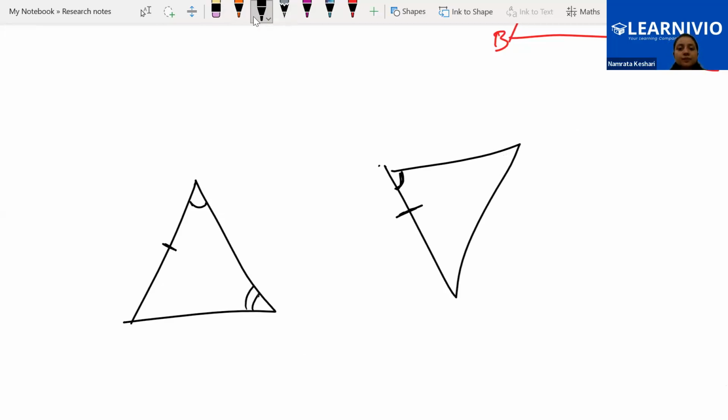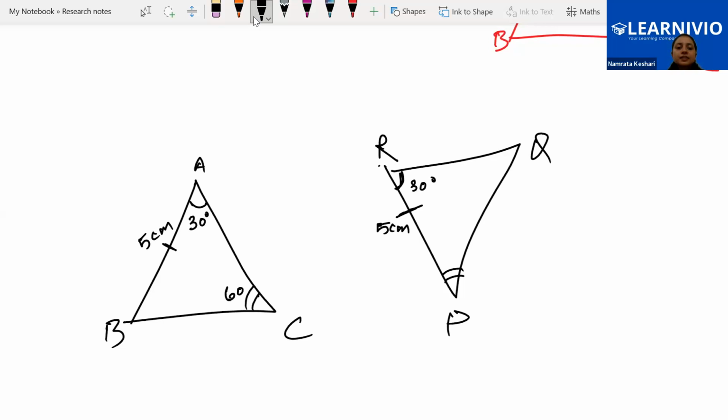This angle and this angle are the same. If you have two such triangles, ABC and PQR, and this is how I have given the information: this is 30 degrees, this is 30 degrees. This is 5 centimeters, this is also 5 centimeters. And this is, let's say, 60 degrees, and this is also 60 degrees. Now, is there any congruency criterion which we will be able to apply, so that we can say these two triangles are congruent with each other?